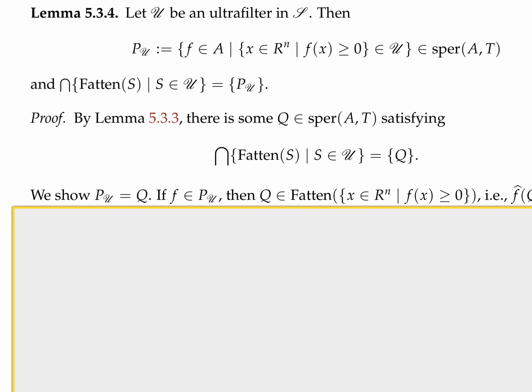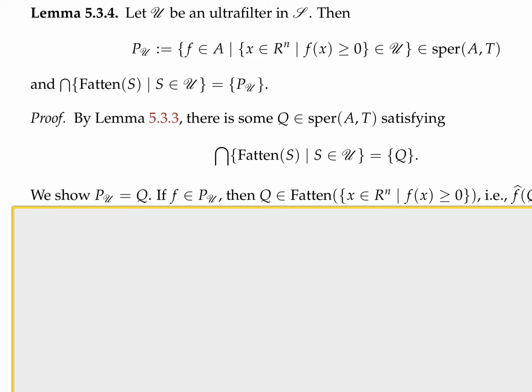Now we have to show that Q equals PU, this PU which we have defined, right? So these are two inclusions. So from left to right, if f is in PU, then by the definition of PU, this set where f is non-negative is in the ultrafilter, right?